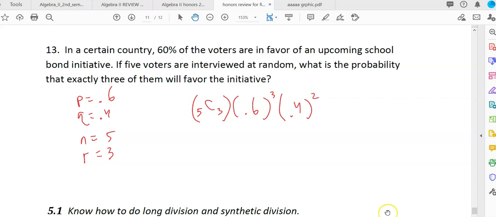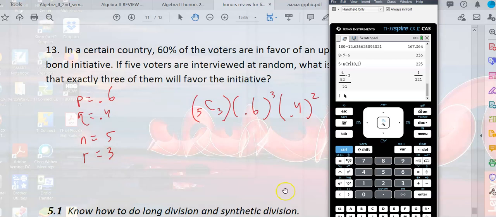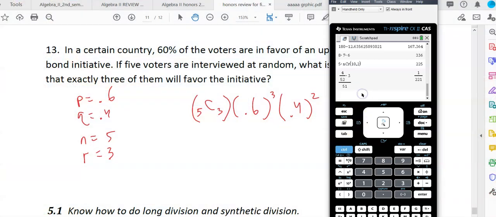I'll use my calculator at that point. nCr(5,3) times 0.6 to the third times 0.4 to the second. 0.3456.